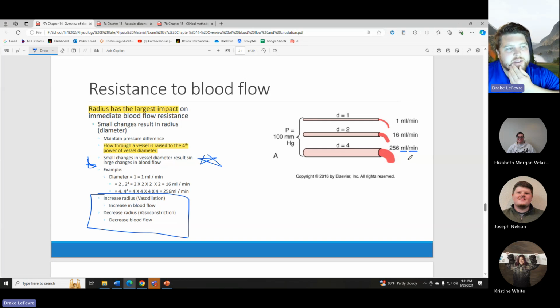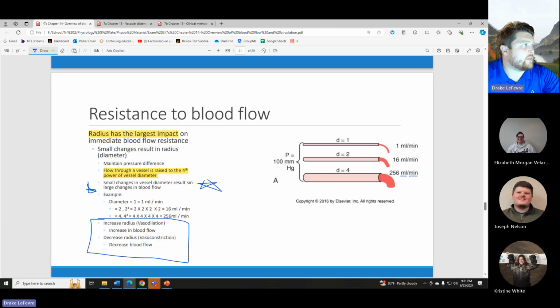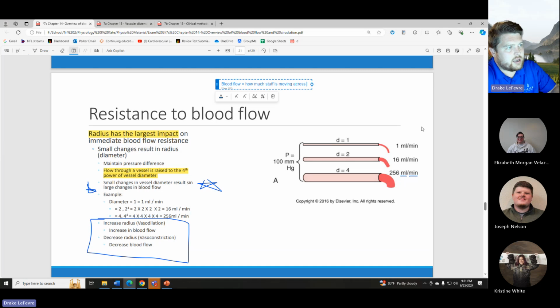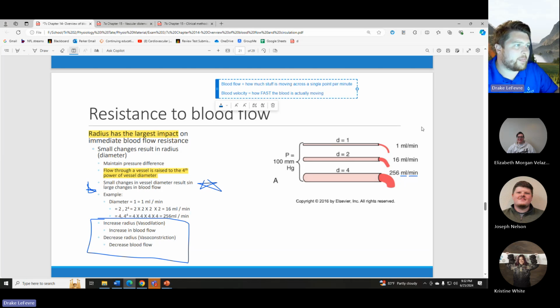And velocity is just measuring the speed of that. So keep those 2 things separate. That'll be a ton of test questions. Blood flow is how much stuff is moving across a single point per minute versus blood velocity, how fast the blood is actually moving. The difference between these 2 is quite a bit of test questions, so make sure you understand that that is different from each other.